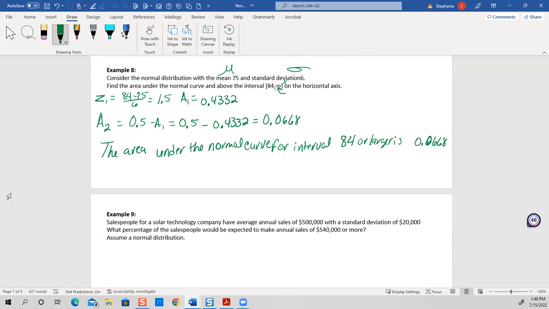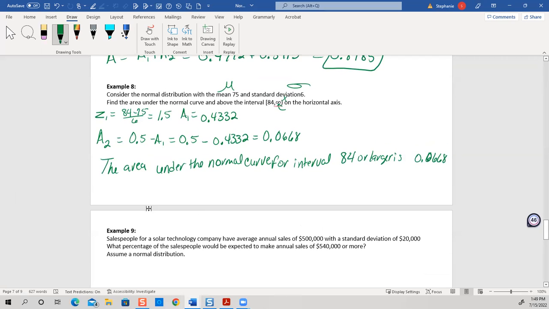Whenever we talk about a normal distribution, we do talk about a bell-shaped curve. That means the mean is in the middle, and then we have some negative values and positive values on either side.